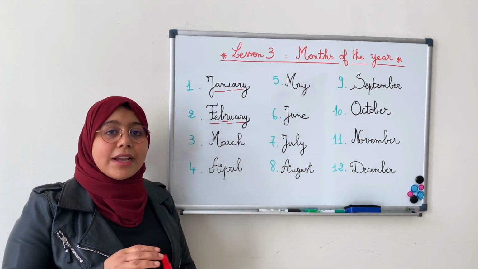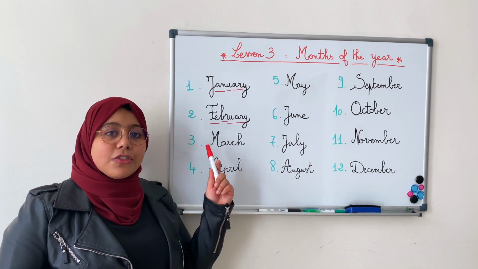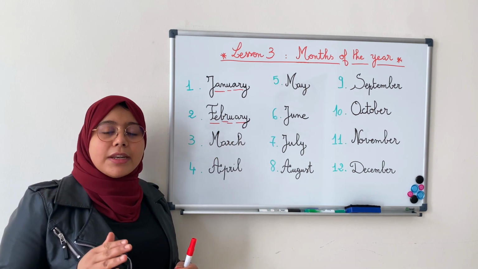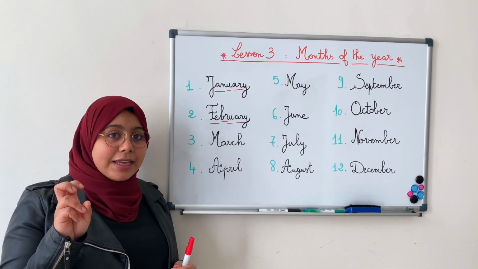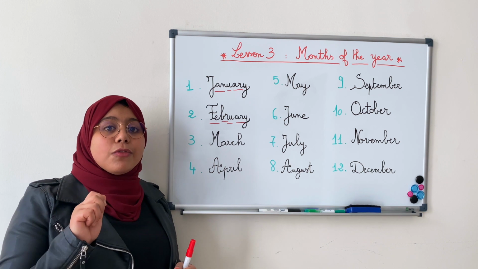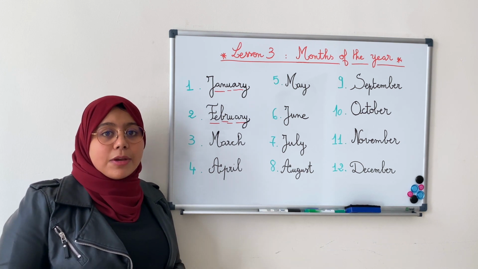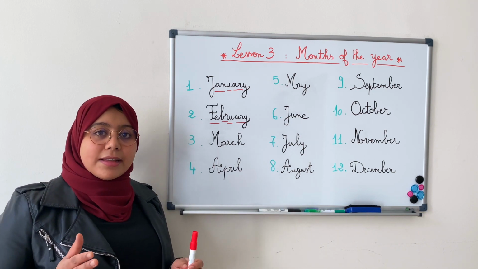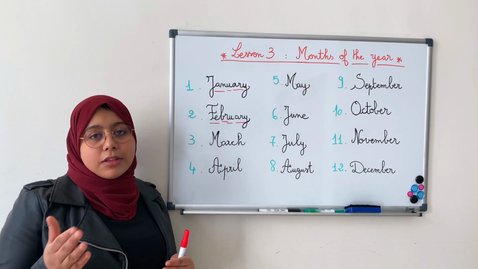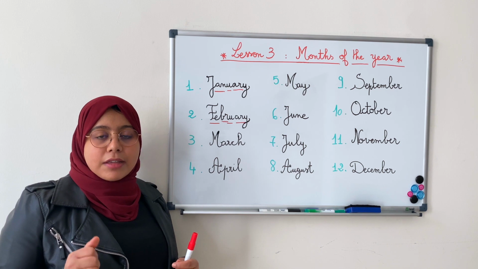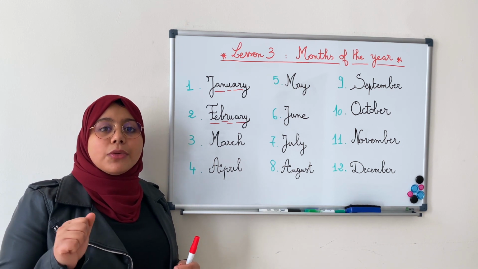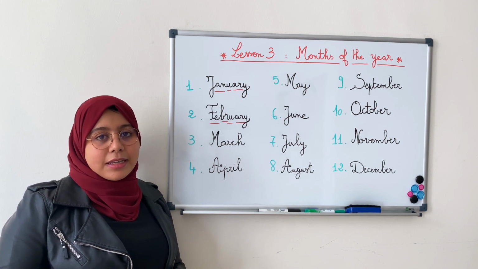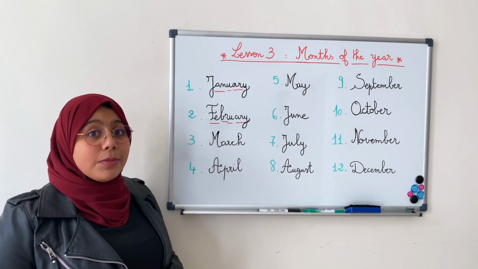By the way, there is a second way to pronounce this month, where we pronounce the R. Most native speakers, American English native speakers, say February instead of February. February is an exception.